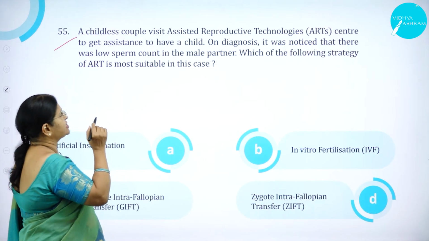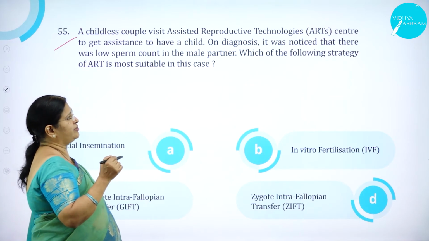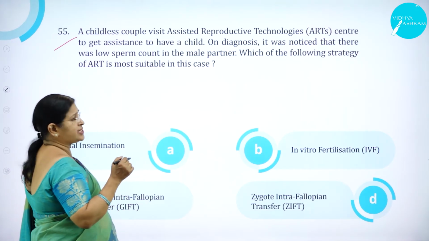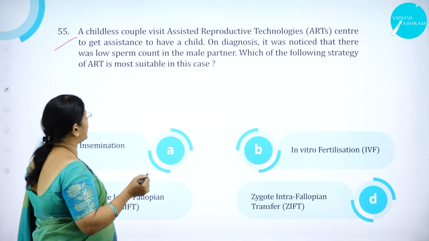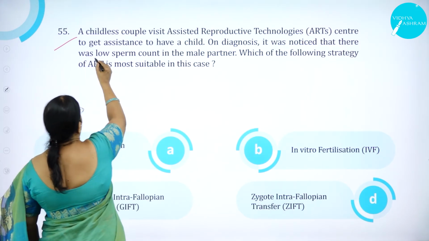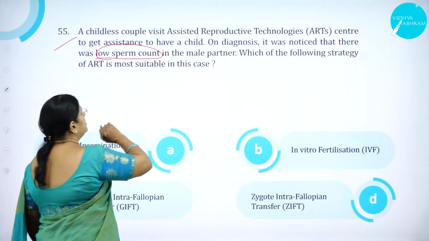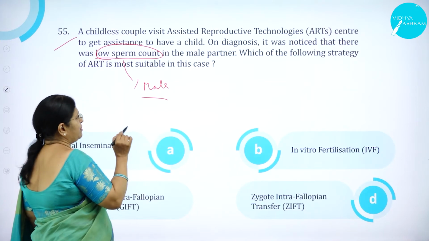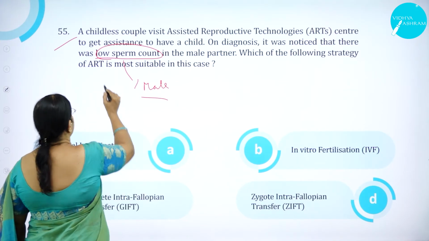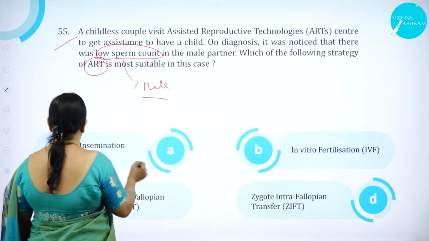So a childless couple visit assisted reproductive technology center to get assistance to have a child. On diagnosis, it was noticed that there was low sperm count. Very, very important. Low sperm count in whom? In male. In the male partner. Which of the following strategy of ART is most suitable?